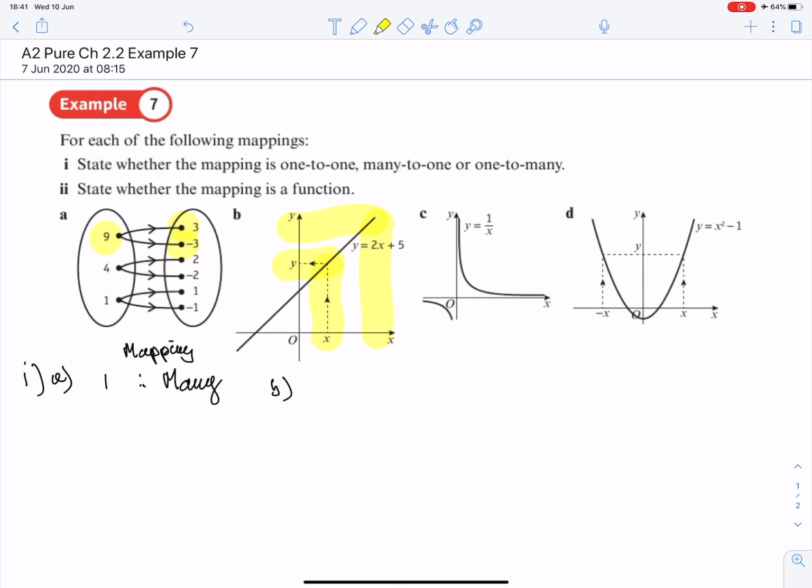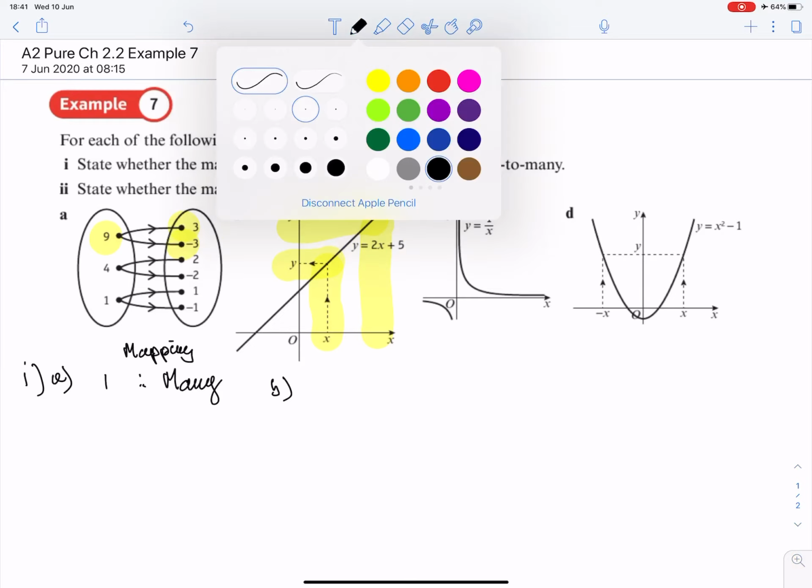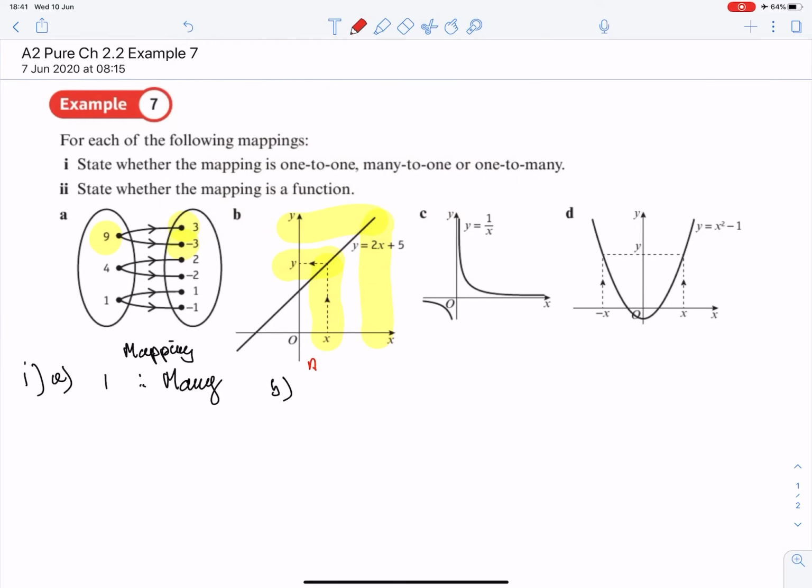So all inputs, that's x values, have one output, and only one output.